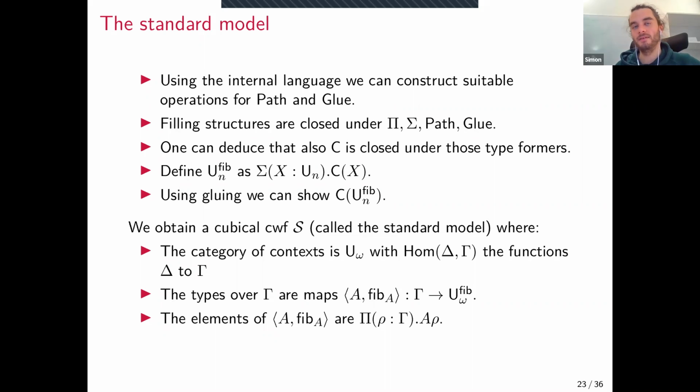And the elements or sections of such a type are just the sections of the underlying type. So the fibrancy structure doesn't matter here. And this is pretty much what we did in the CCHM papers, or also in the LOPS paper.